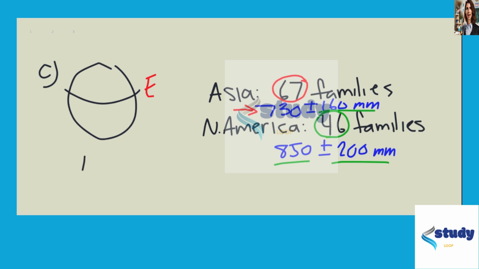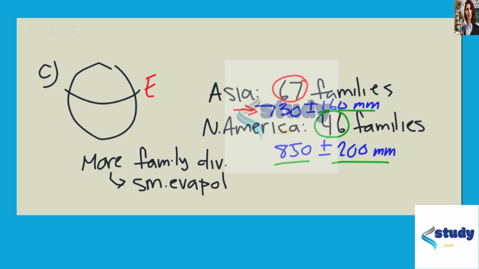This would suggest that a greater family diversity actually leads to a smaller evapotranspiration quantity. So in a way, this really does not support the idea that larger family diversity would increase your evapotranspiration.